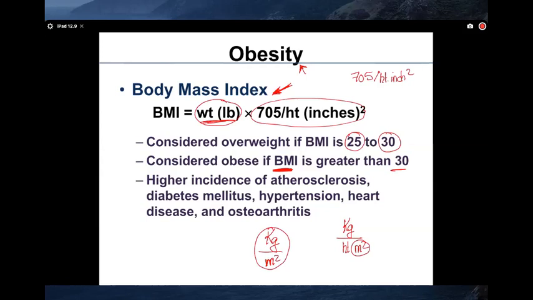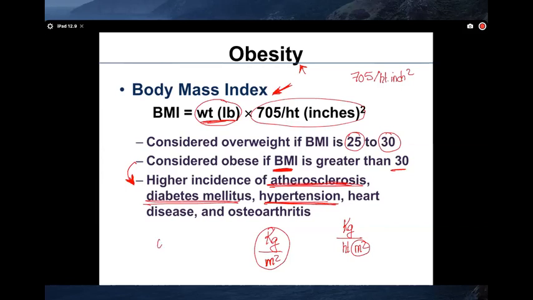What is the problem with obesity? The problem here is that I will be dealing a lot with fats. And if I'm dealing a lot with fats, so I have a lot of fat circulating in my vessels, this puts me at a great risk of accumulating the fat in the wall of the vessels, developing atherosclerosis. Also, it's going to be a risk factor for the development of chronic diseases like diabetes and hypertension.